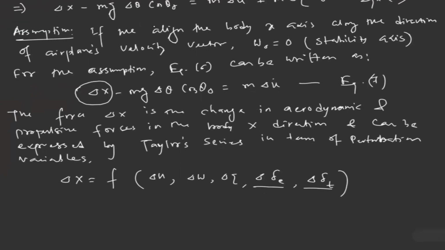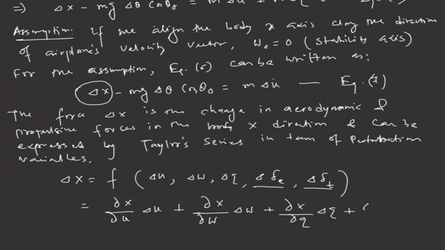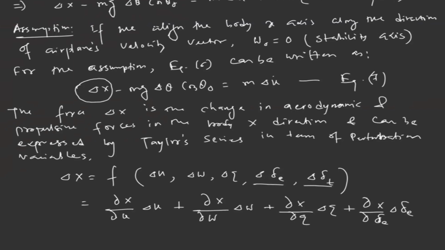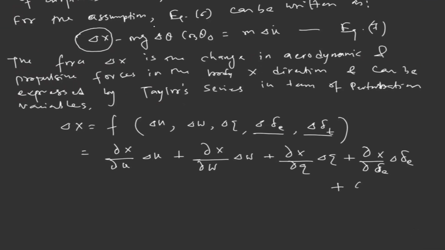So here let me write this expression: del x equals del x by del u into delta u plus del x by del w delta w, and del x by del q delta q, plus del x by del delta e into delta e, plus del x by del delta t delta t.